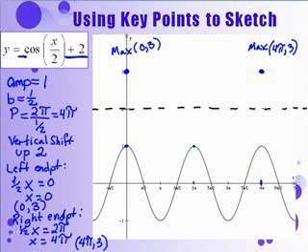Now if you look again at the graph of cosine, which is right here, halfway in between our left endpoint and our right endpoint, we have a minimum. So our halfway point, because our period is 4 pi, is going to be at 2 pi, and our minimum is going to be 1 unit down from our equilibrium line.